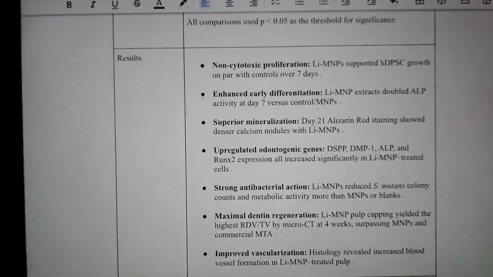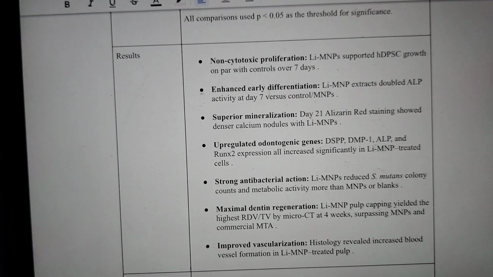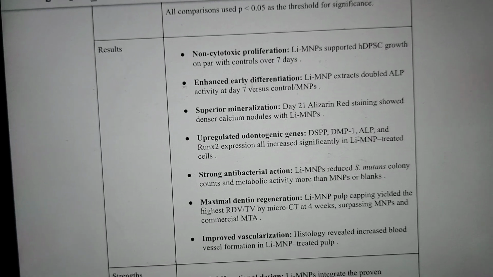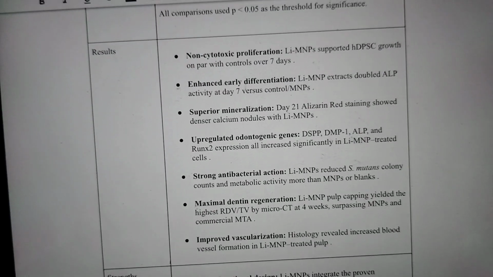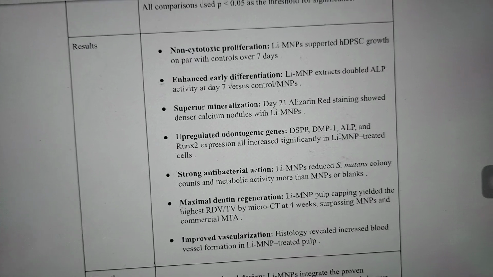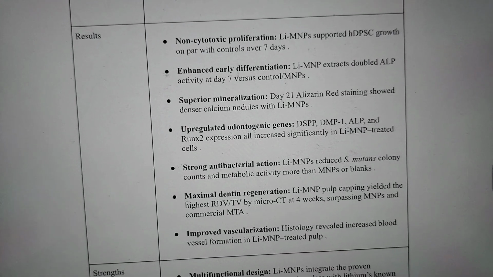Results: non-cytotoxic proliferation. LI-NMP supported the human dental pulp stem cell growth on par with controls over 7 days. Enhanced early differentiation: LI-NMP extracts doubled ALP activity at day 7 versus control.